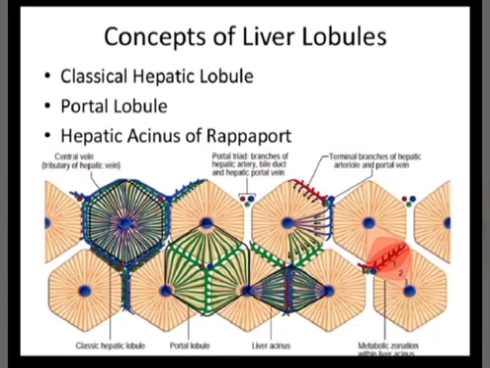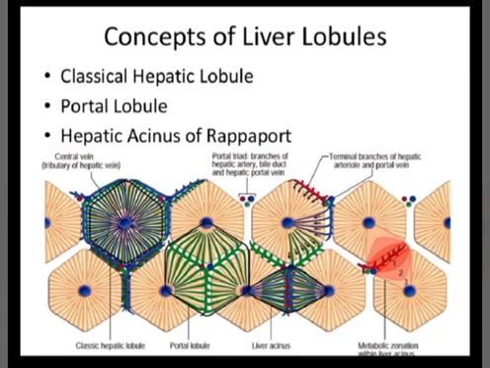You can see in this diagram, this is the hepatic lobule, which is the classical area and is hexagonal or pentagonal, surrounded by connective tissue, and this is actually the area which is being drained by the central vein, which is present in the center of this lobule.